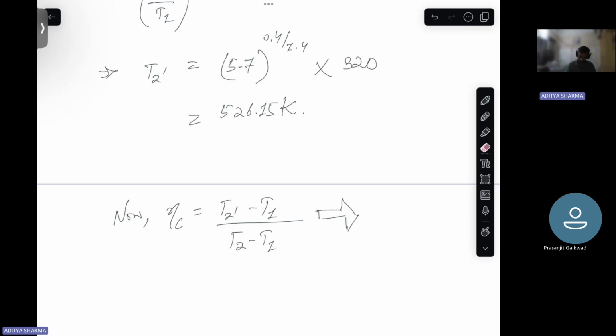This is coming from comparing the enthalpies: H2 dash minus H1 by H2 minus H1.